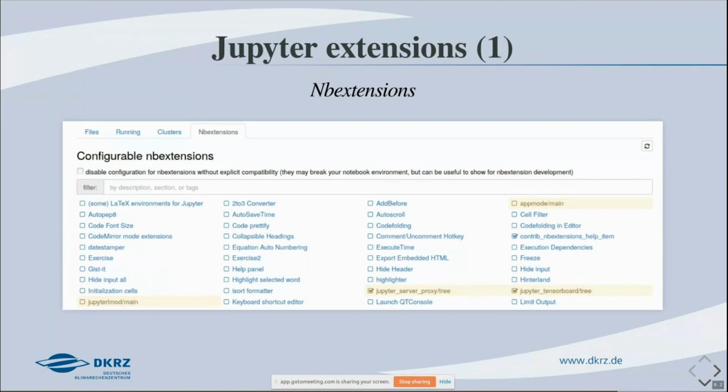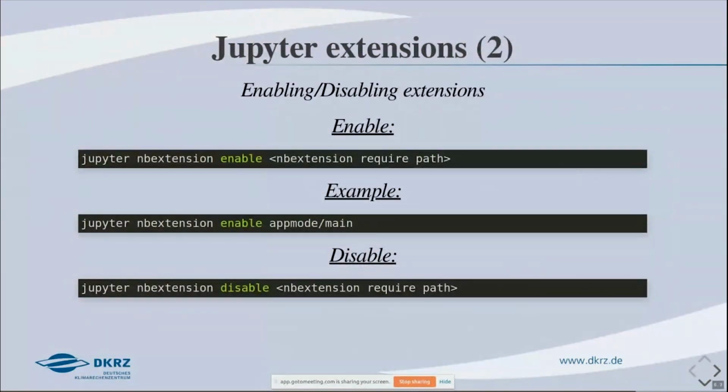So when you open your classical notebook, you have this tab, NB extensions, where you can see some of the notebook extensions and you can enable or disable them. And of course, you can do all this using the command line. You just need to mention the correct path, sometimes it's only the name, and you can enable or disable the Jupyter Notebook extensions.